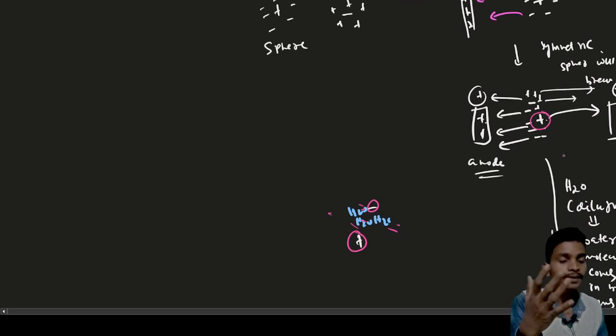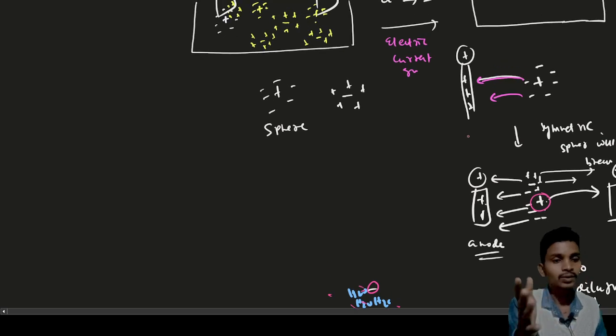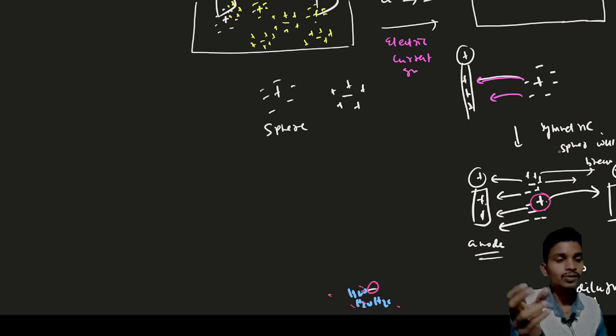So the asymmetric effect is high due to the electric current, but whenever we add water, the water molecules come in between the two charged species, or two ions, so the attraction between the ions decreases. The charges can easily move towards their respective electrodes.